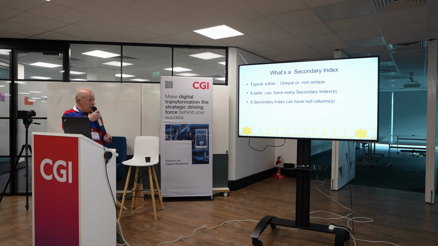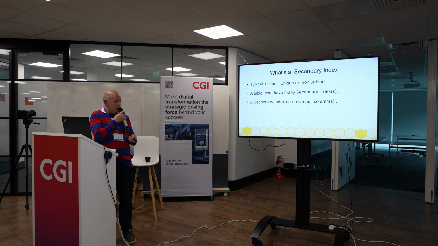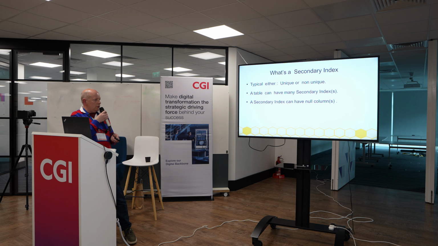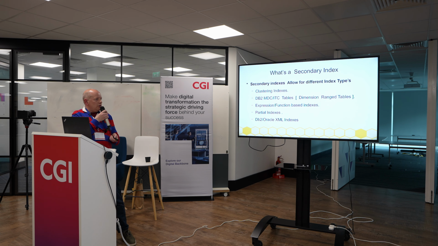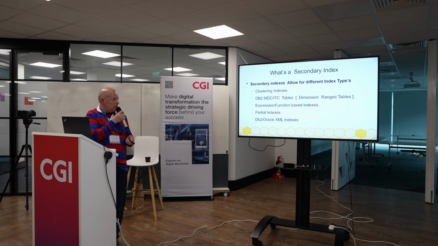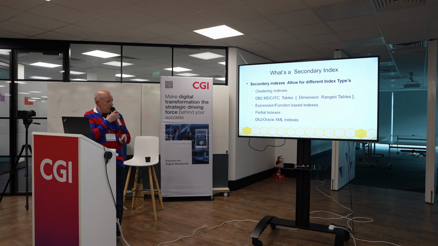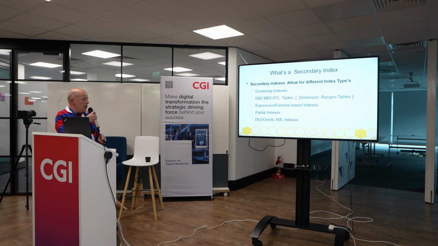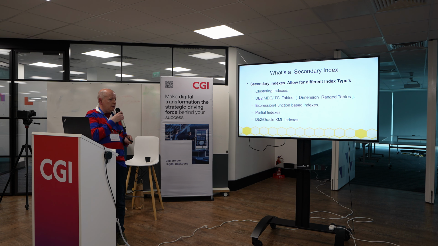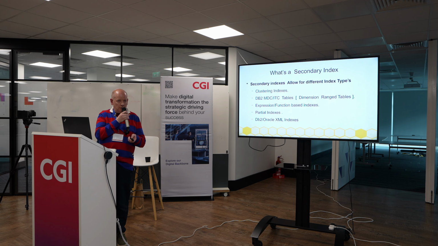What are secondary indexes? Typically unique or non-unique. A table can have many secondary indexes. A secondary index can have no columns. Secondary indexes allow for different column types and index types: cluster indexes, DB2 MDC tables, ITC tables, dimension tables, expression or functional based indexes, partial indexes, DB2, Oracle, XML indexes.